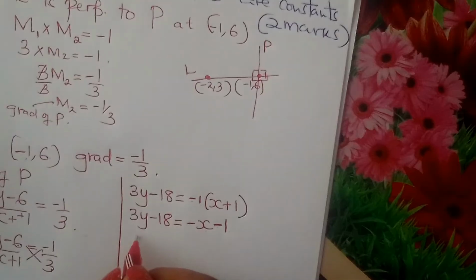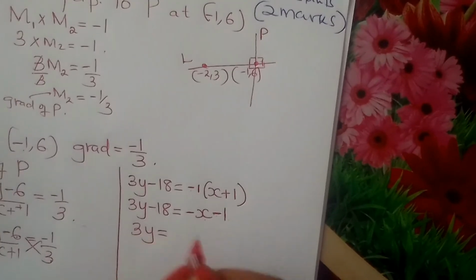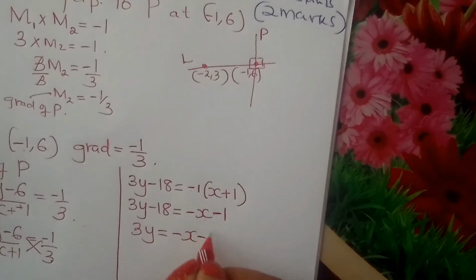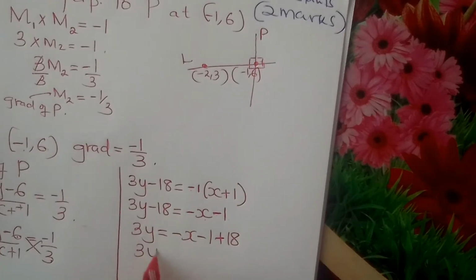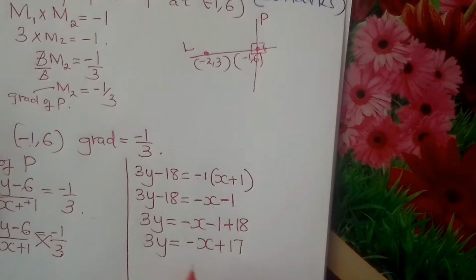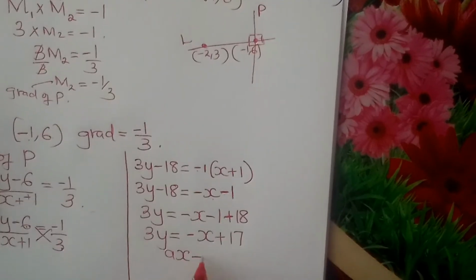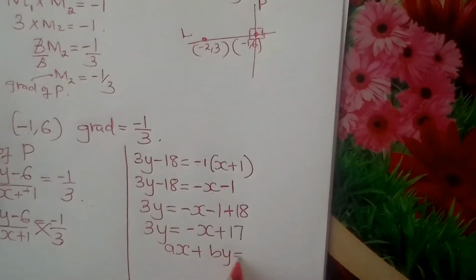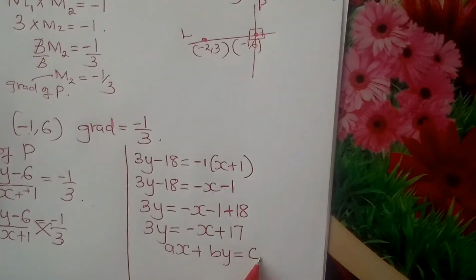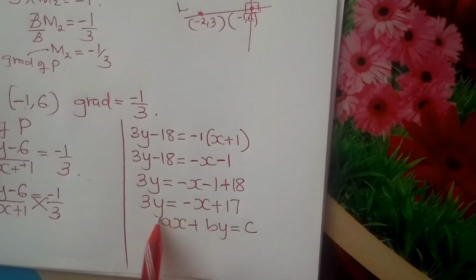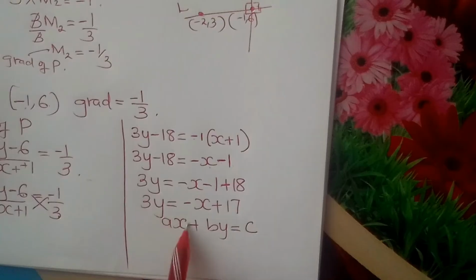Now, you can talk of 3y is equal to minus x minus 1. Take minus 18 to the other side, it becomes plus. And so 3y is equal to minus x plus 17. Learner, you are told to arrange your equation in this form, where a, b, and c are constants. In other words, you start with the term which has x.